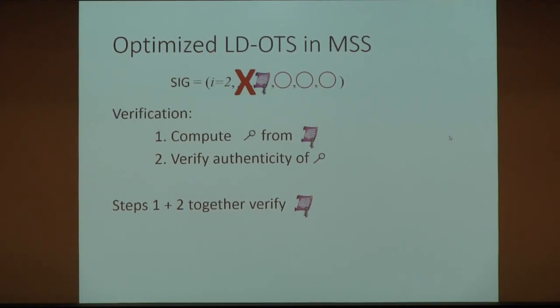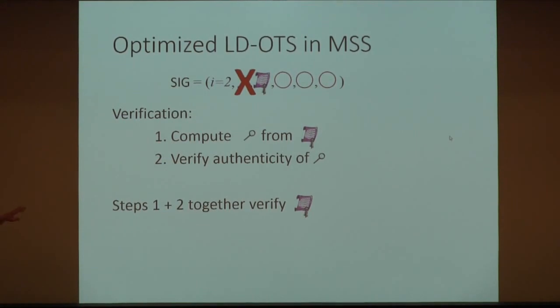Now, if the signature was invalid, this would mean that we compute a different one-time public key. And thereby, if we fall back to the proof, this would be a new leaf in the tree, which means we get a collision within the tree in the hash function. Okay?